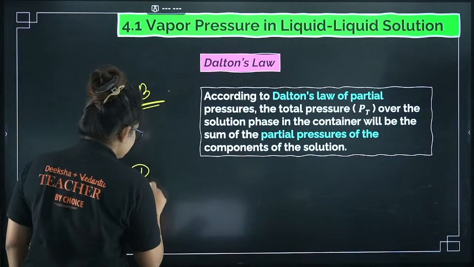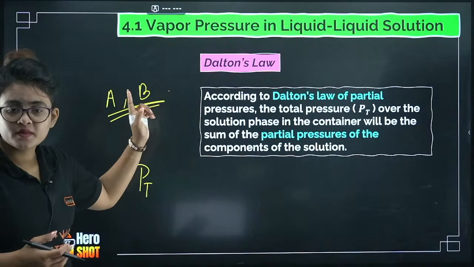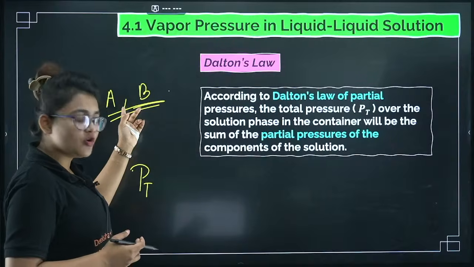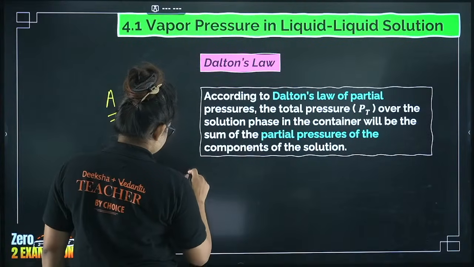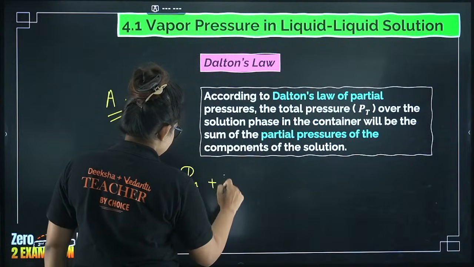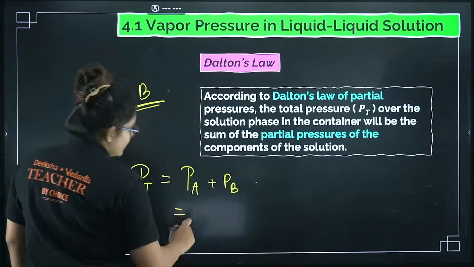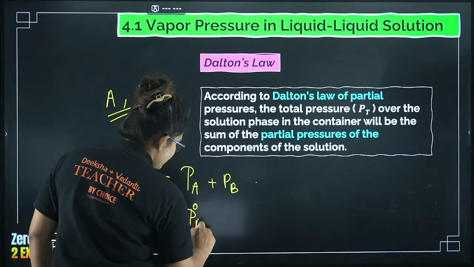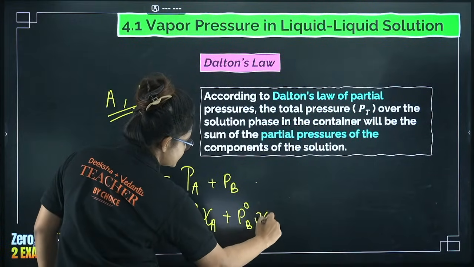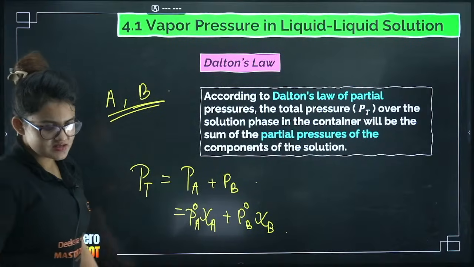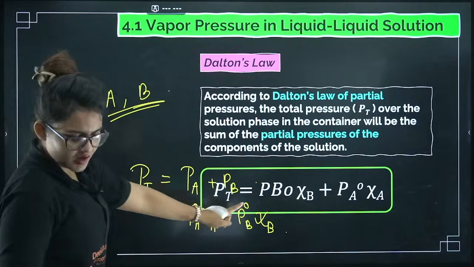The total pressure generated from both A and B will be equal to P of A plus P of B. That is Dalton's law. Now P of A is P0 of A into the mole fraction of A, plus P0 of B into the mole fraction of B. That's going to be your Raoult's law. I guess it's clear to you.